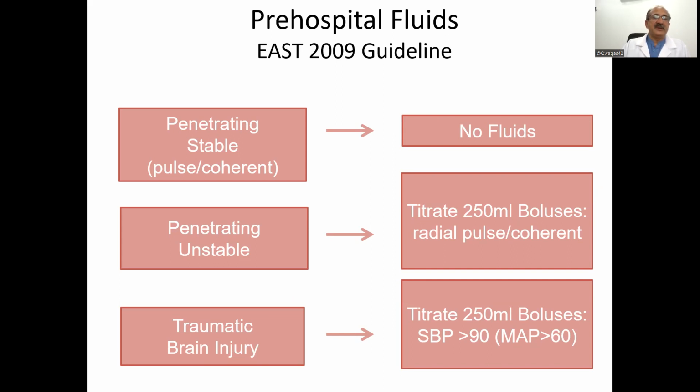If the wound is penetrating but the patient is stable, no fluid is required. Just go with the pulse. If it is penetrating and unstable, give 250 ml boluses and go by the radial pulse. If it is traumatic brain injury, give only 250 ml boluses and try to maintain mean arterial pressure more than 60.